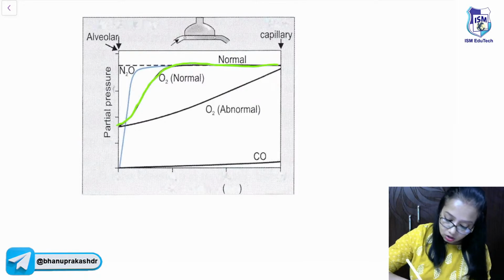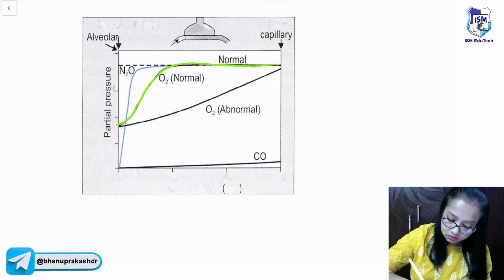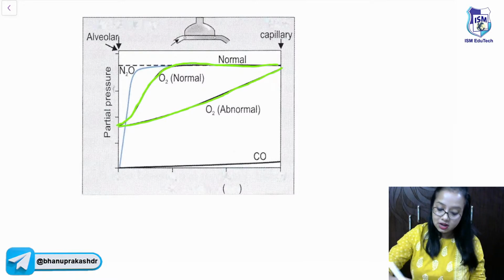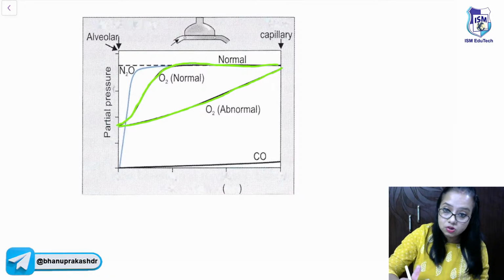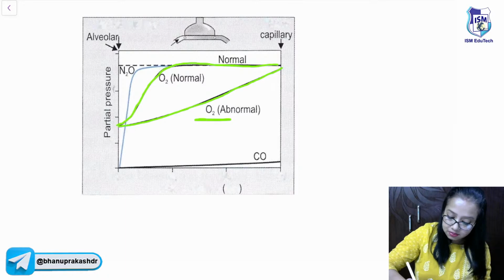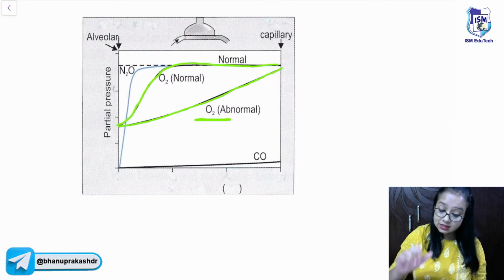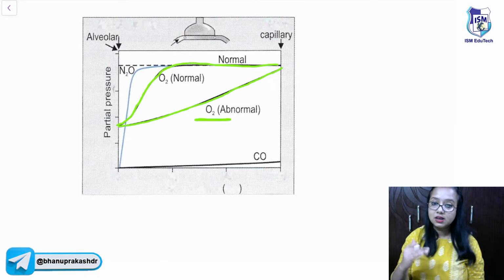But when the oxygen becomes diffusion limited, not perfusion limited, the same equilibrium graph shifts below, and instead of attaining a hyperbolic shape, it becomes shortened, pushed downward, and attains a gradual, slow structure. This is the abnormal diffusion of the oxygen while transiting through the capillary, and this is seen in people suffering from fibrosis of the lung or emphysema.